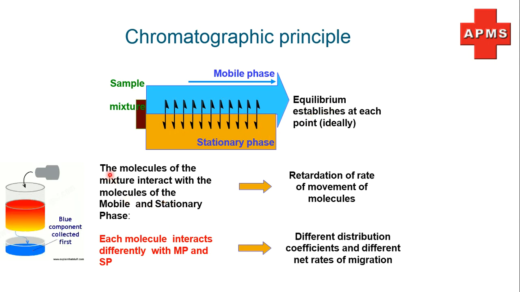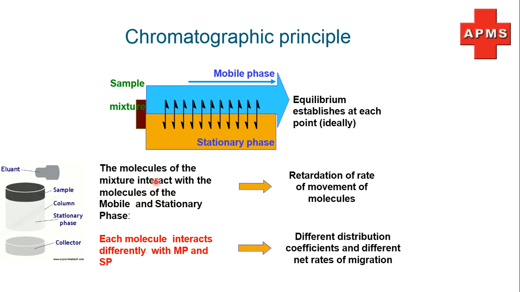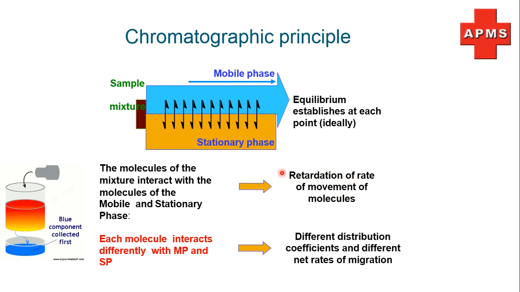Okay, we can see that the molecules of the mixture interact with the molecules of the mobile and stationary phase. This is retardation of rate of movement of molecules. Where this interaction is high with the stationary phase, there is retardation of rate of movement. Retardation means somewhat stopping of movement of molecules, then the rate of movement of molecules will be slower.